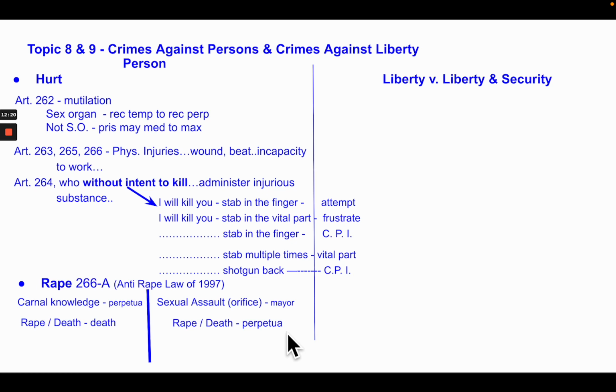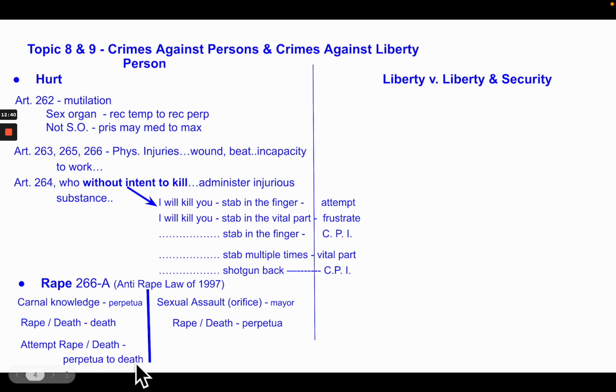No? If there is a rape of the sexual assault kind, and the person dies, the penalty will be reclusion perpetua. Now, if there is an attempt to rape and death ensues, then the penalty will be reclusion perpetua.